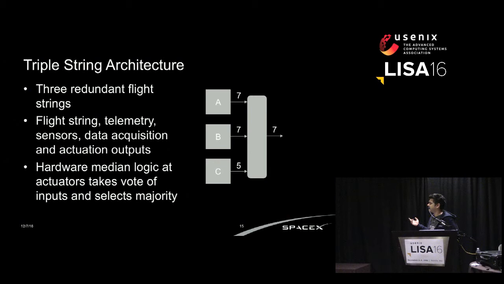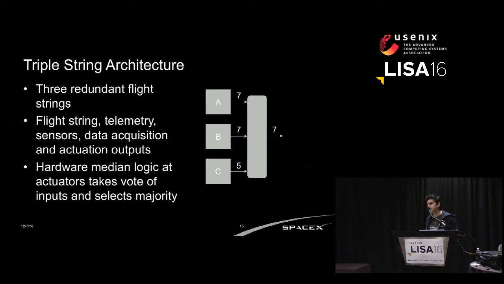So let's talk about the triple string architecture. If anyone was here for the previous talk, you'll see some applications of some of the things that were discussed there. We fly in fairly hostile environments. One of the primary concerns in orbit is radiation, so you're constantly trying to defend yourself from it.